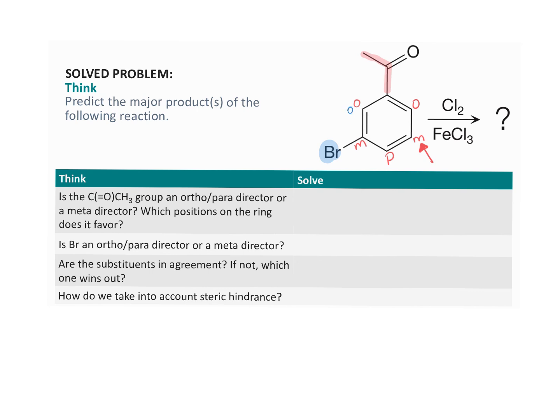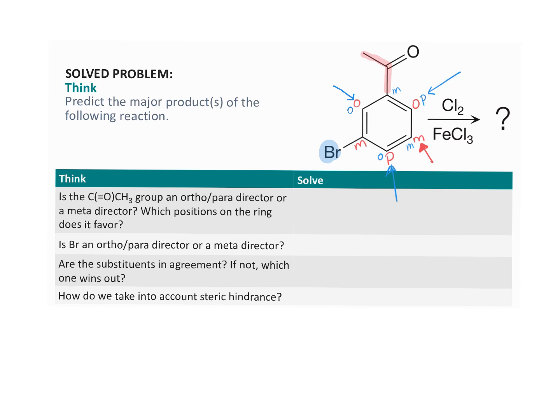For bromine, the ortho position is here, the meta position is here, and the para position is here. Bromine is an ortho-para director, and so it's going to favor substitution in this position and this position right here.